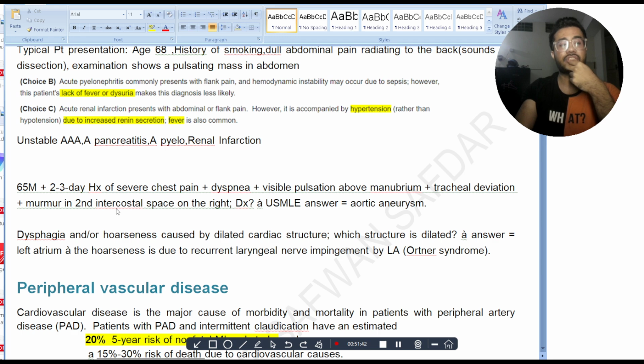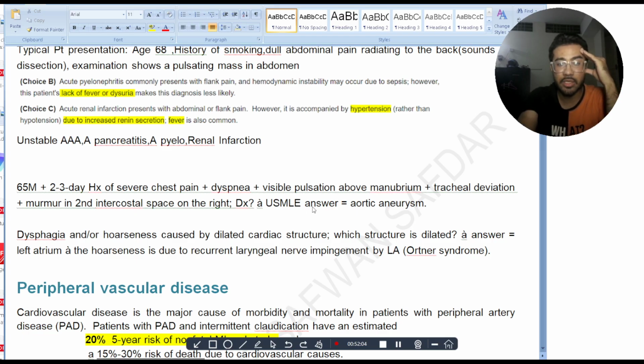That is the aortic region. So you have a murmur at the aortic region, and you have visible pulsation above the manubrium sterni. This makes me think that there is dilation of the ascending aorta resulting in aortic regurgitation. So that is the answer most probably.